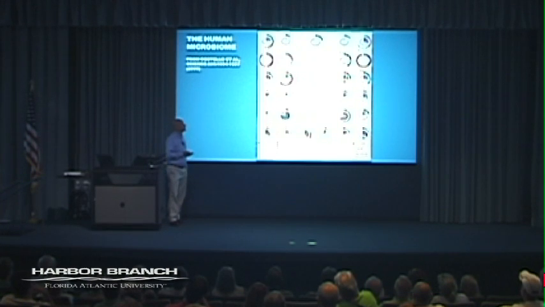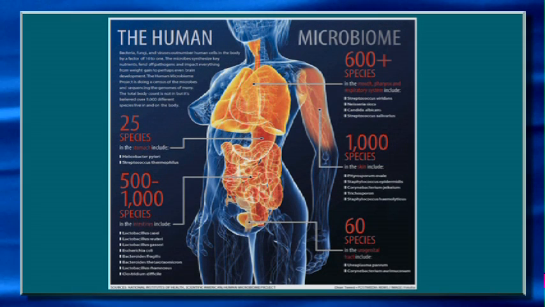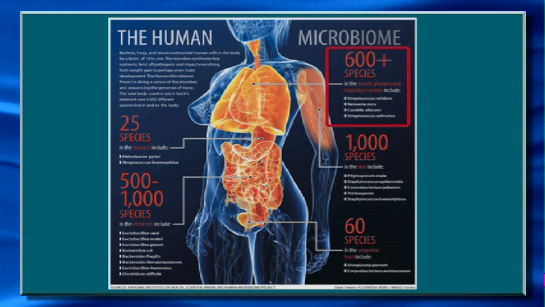This is the version of the chart which is from Science. This is the version of the chart which shows up on the Human Microbiome Project website. But we can see from this that we have about 600 or more species of microorganisms which are associated with your mouth into the lungs.